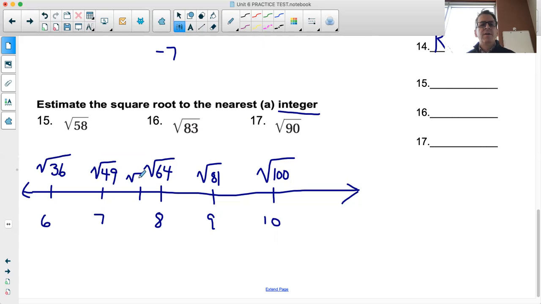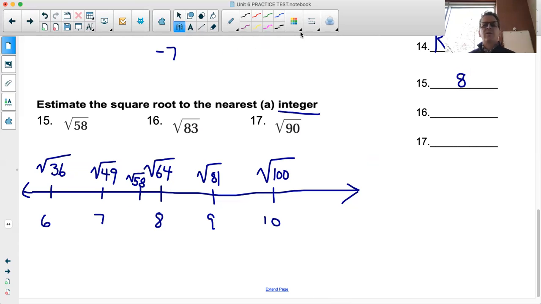And if we're looking to estimate that to the nearest integer, the nearest integer would fall closer to 8 than to 7. So your answer for number 15 would be 8. The square root of 58 is closer to the square root of 64, which is 8, than it is to the square root of 49, which is 7.